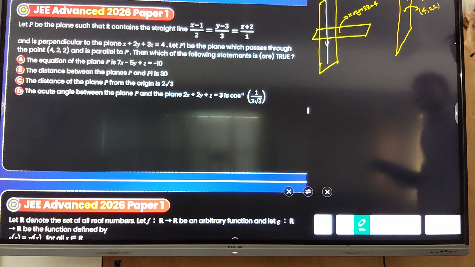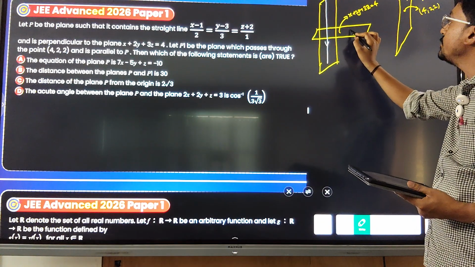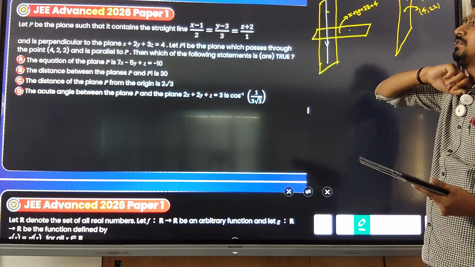So how will we get the equation of plane P? First we will try to find the normal of this plane. For finding the normal of this plane, we will take the cross product of the normal of this plane and the direction ratio of this line.